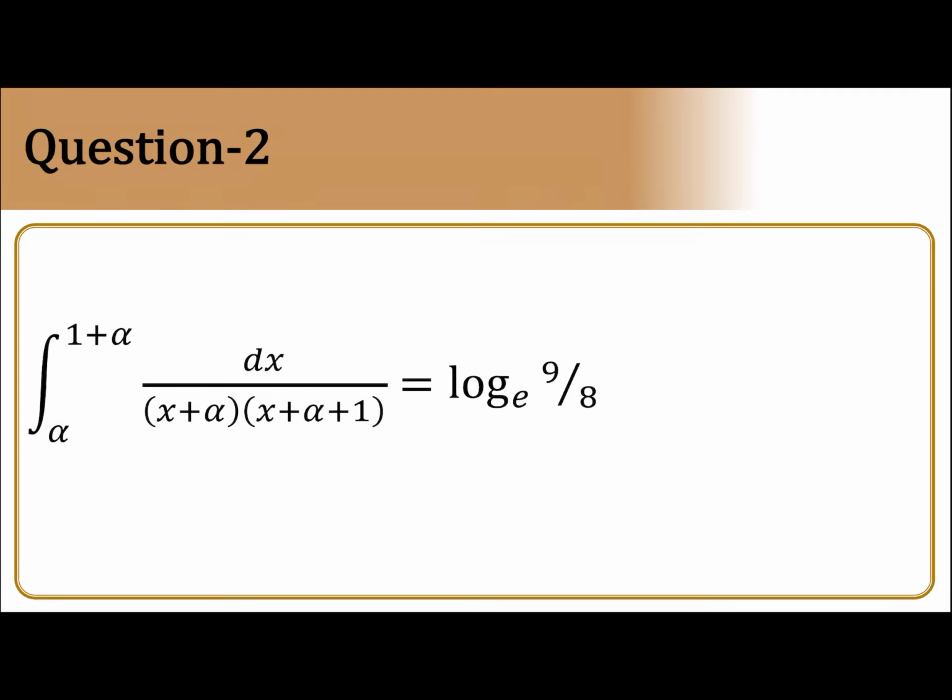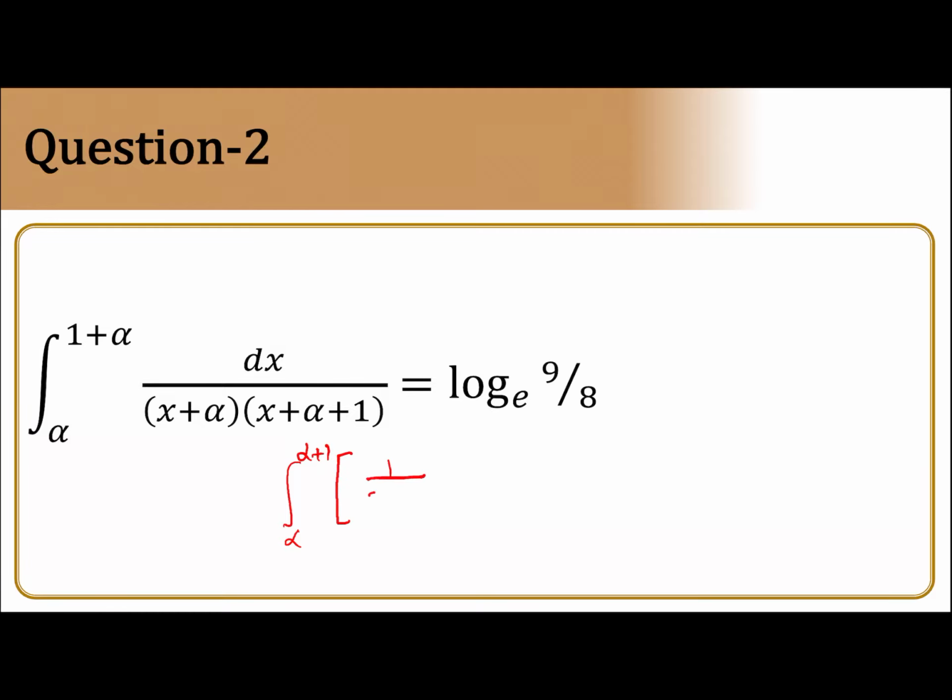Example 2. This is also a previous JEE Mains problem, but here also you learn something. That's why we took this problem initially. If you see clearly, it indicates alpha to alpha plus 1.